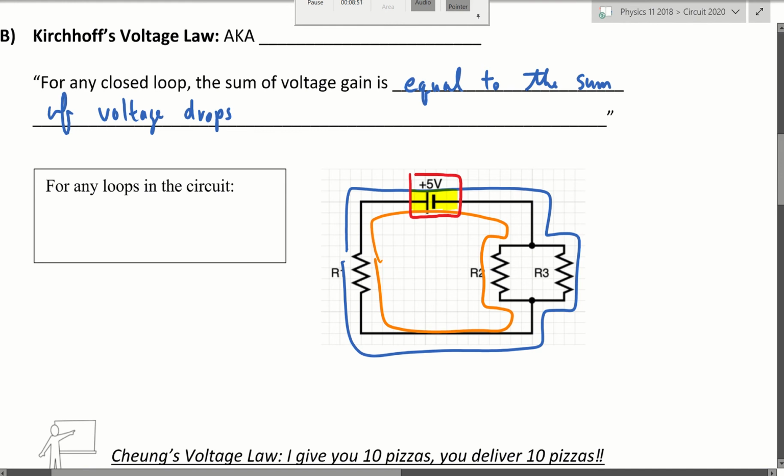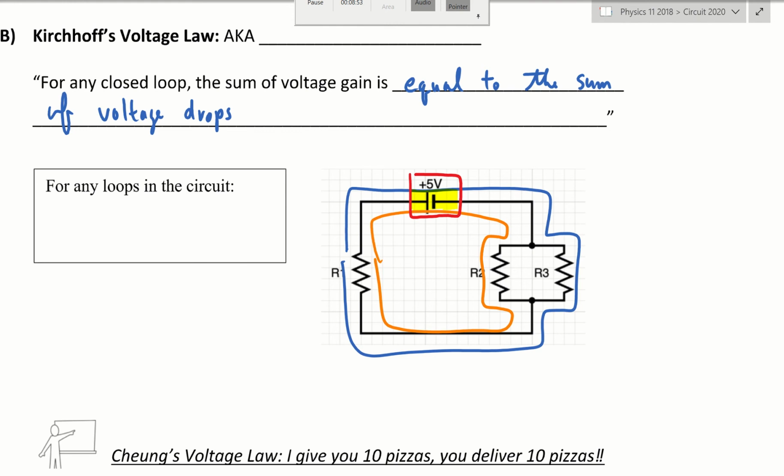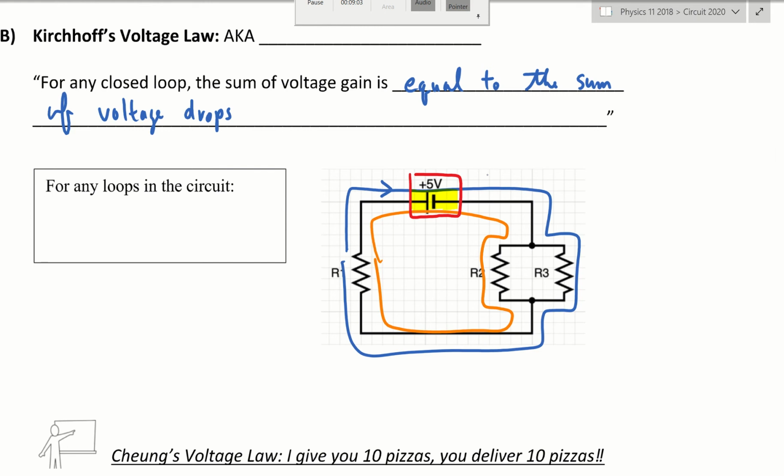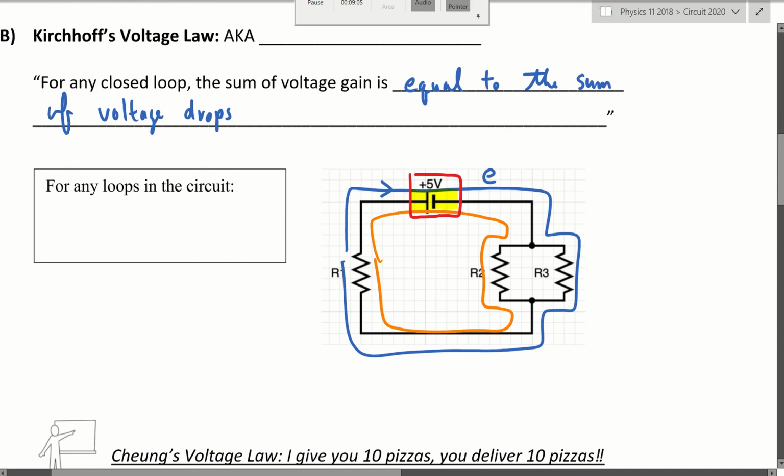In this case, the current goes in this direction. An electron will enter the battery and pick up 5 volts. This electron, let's color it blue, is going to carry 5 volts, 5 pizzas. And it is going to go around and deliver food according to this blue route.